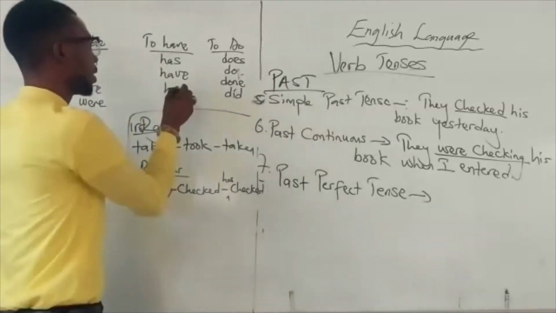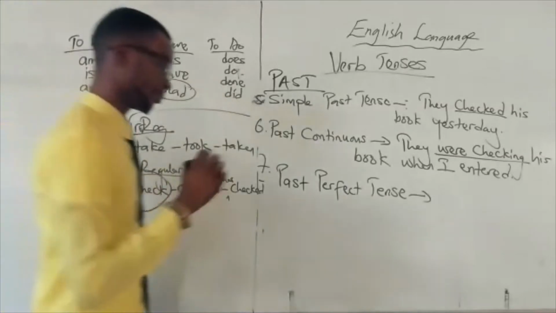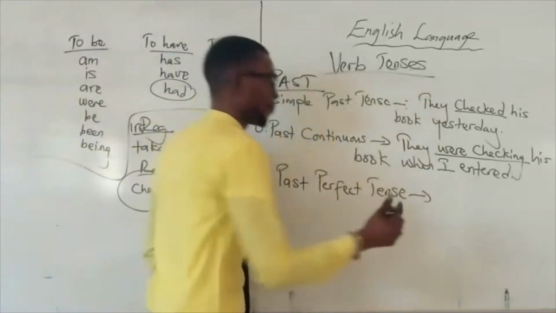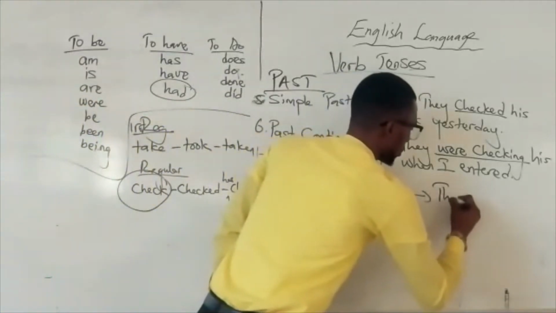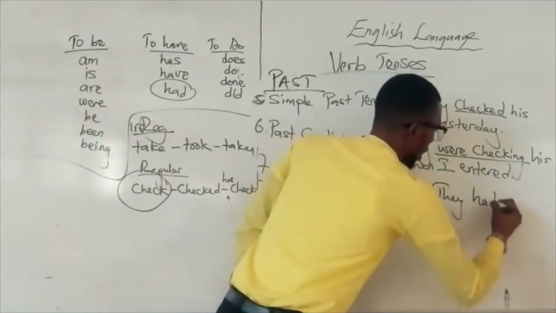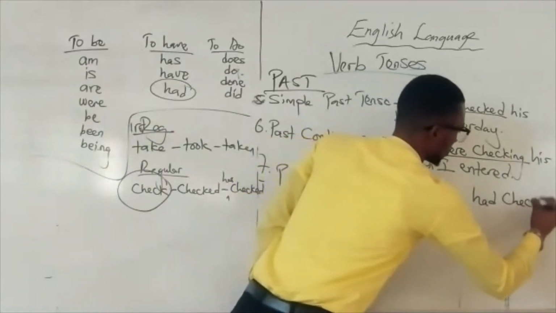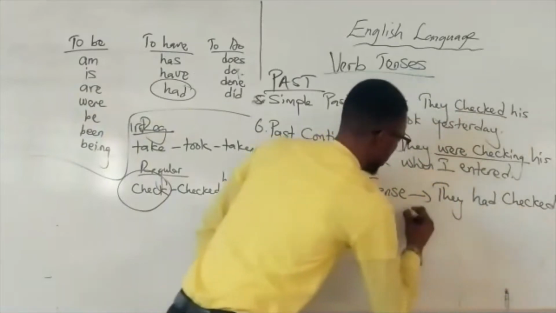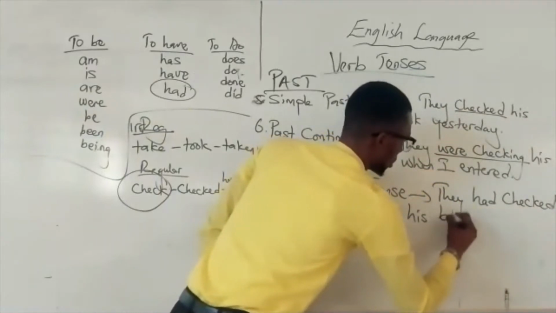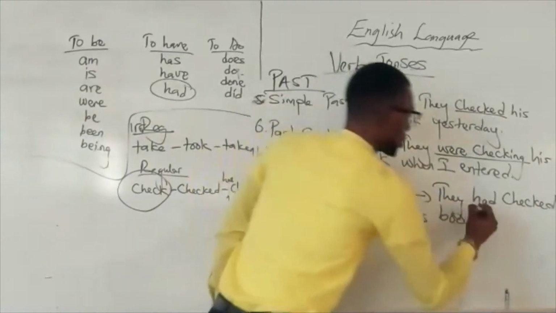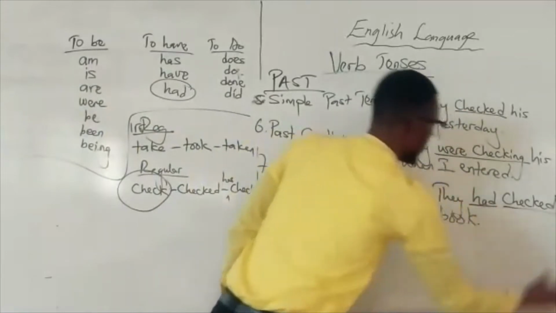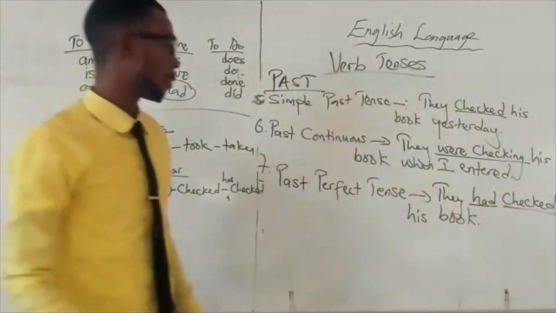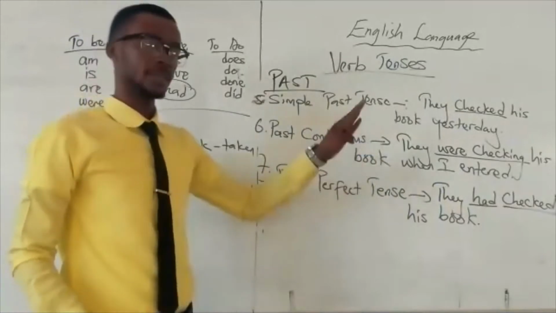And what is it? We are going to use had. So, can you guess it? It is simple. They had checked his book. So you use had plus the past participle form of the verb to form the past perfect tense.